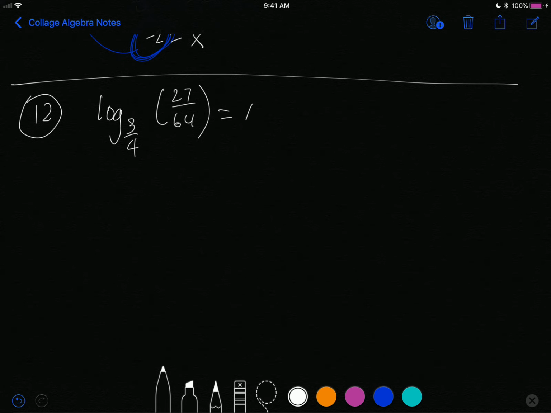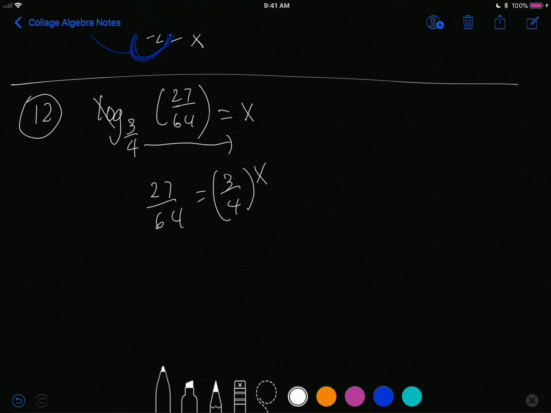So I'm just going to set it equal to x. Convert to exponential form, drop the log, take the base to the other side. And so that's 27 over 64 is equal to 3/4 raised to the x power. I don't know about you, but I know that 27 is 3 cubed, and 64 is 4 raised to the 3rd power.